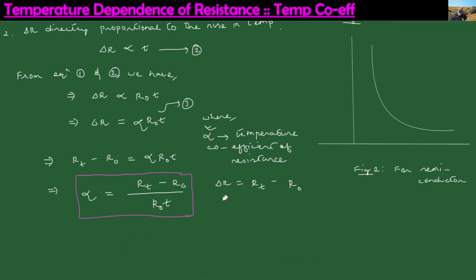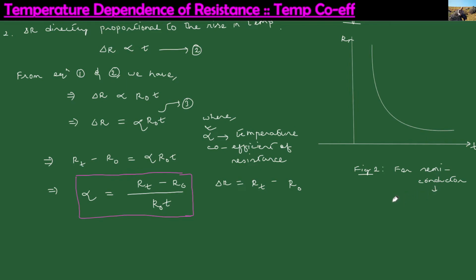And from here, keep in mind that this is also the resistance temperature plot for a semiconductor. That means as temperature increases, resistance will decrease. We will study about this in a later section.